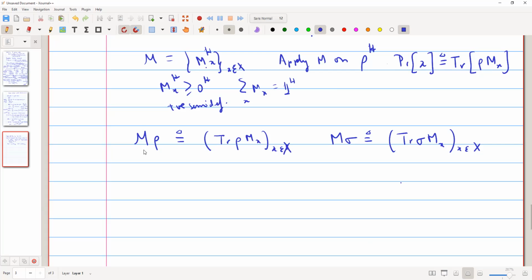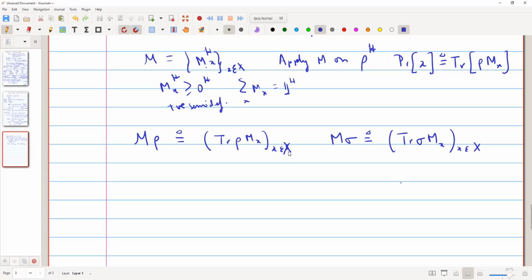So measurement M is applied on a density matrix, a quantum system in the Hilbert space H, but the outcome is a probability distribution on the set X. So it's a map from the big space of density matrices to the diagonal density matrices, essentially. It is a map on density matrices on H to probability distributions on X. X and H could be different.